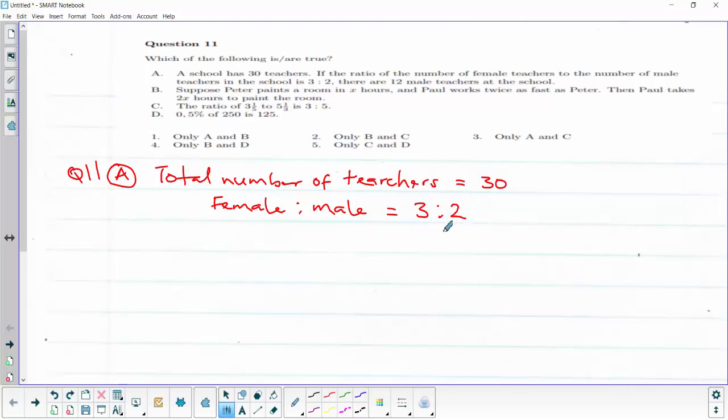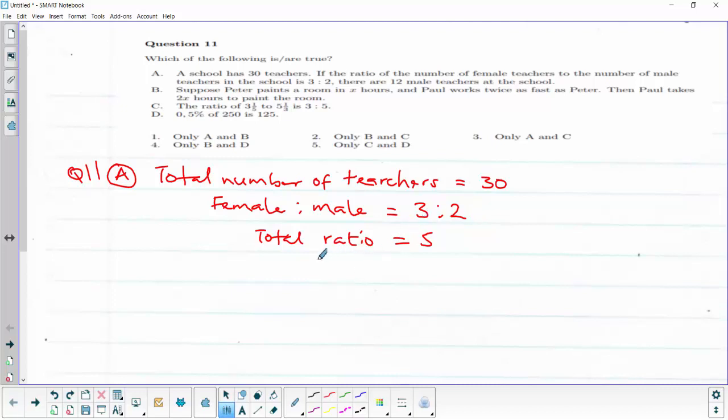The first thing we have to do is add the ratio together. So we can call it the total ratio, which is equal to 5. That is 3 plus 2.